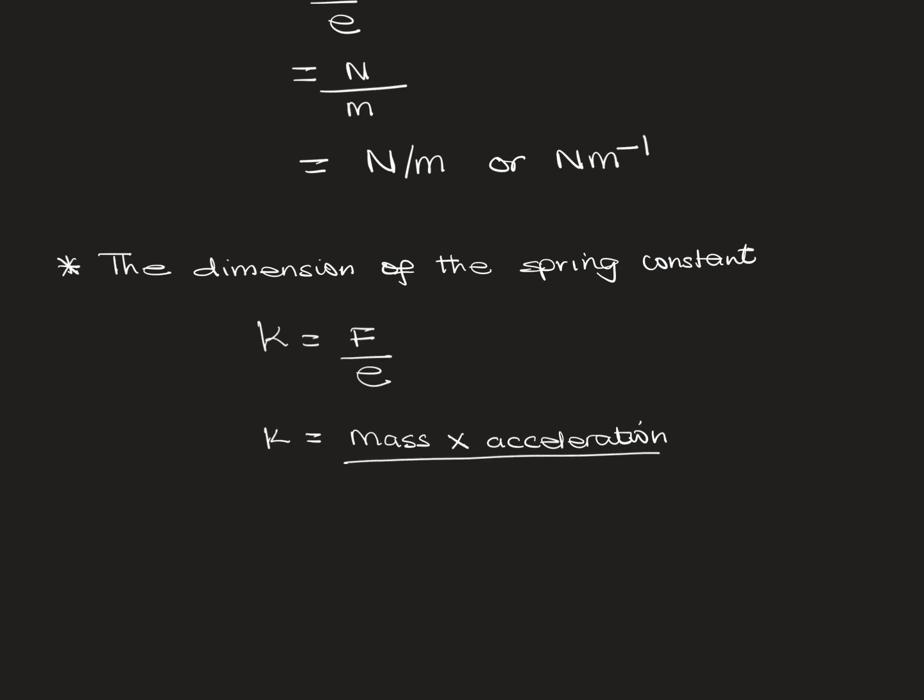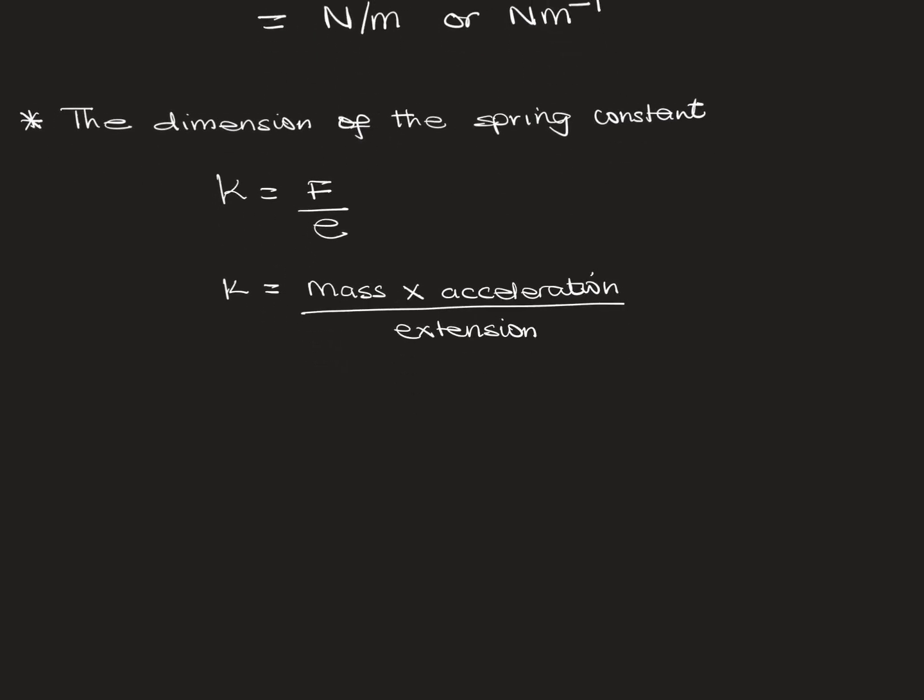So this will now be divided by the extension. K is equal to mass is measured in kilograms multiplied by acceleration is measured in meters per second squared divided by extension, which is change in length, is going to be measured in meters.